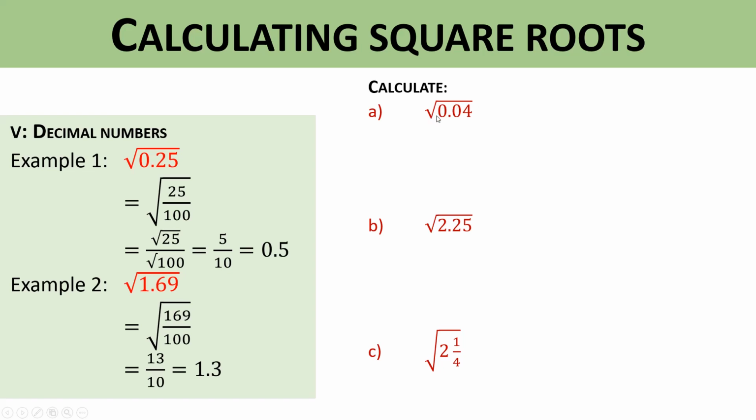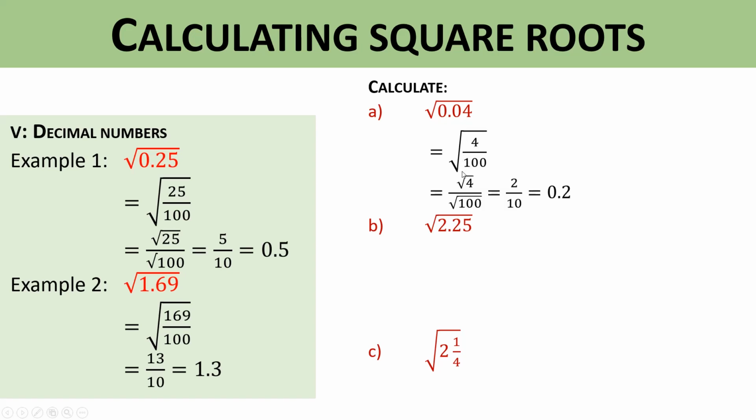So the square root of 0.04. So be careful here. That's not just going to be 0.02. If we are careful, then we see that this has the number 4 in it. But what happened to it? We divided this number 4 by 100. So we can rewrite this as the square root of 4 over 100. And now we can take these two square roots separately.